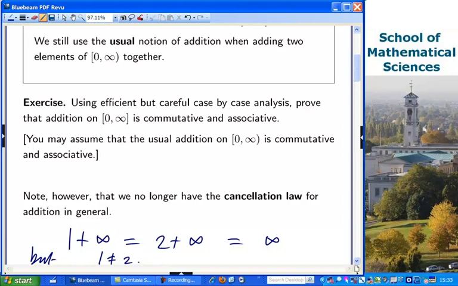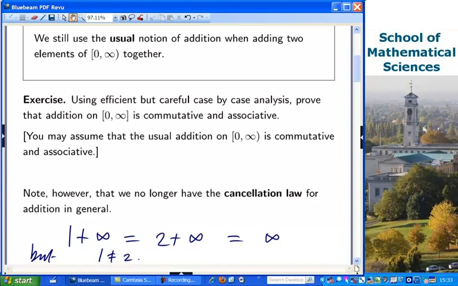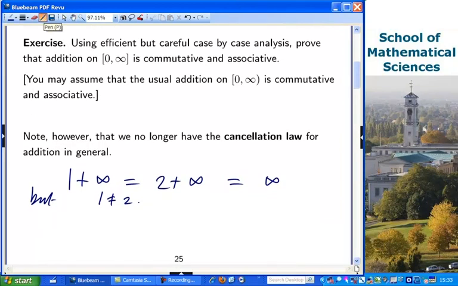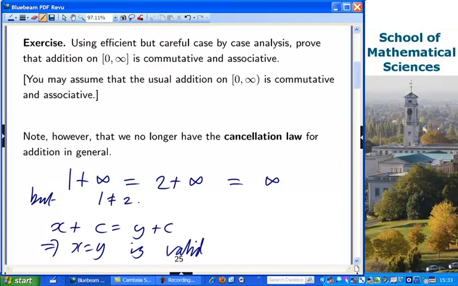Cancellation law is still valid if you know the thing you want to cancel is finite. So x plus c equals y plus c implies x equals y is valid if c is finite.